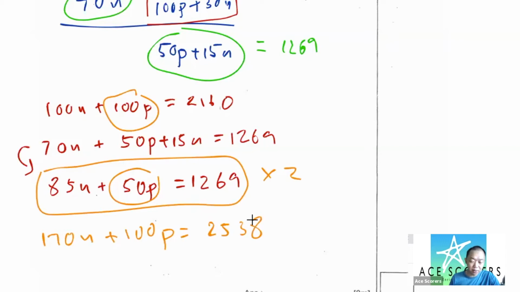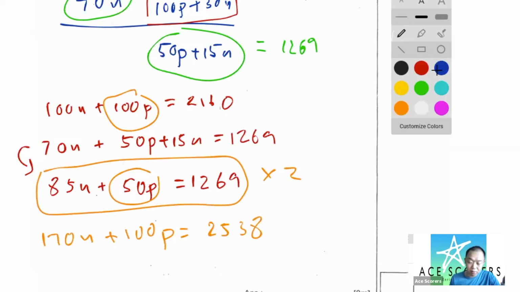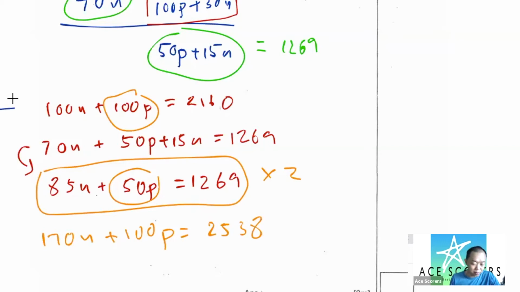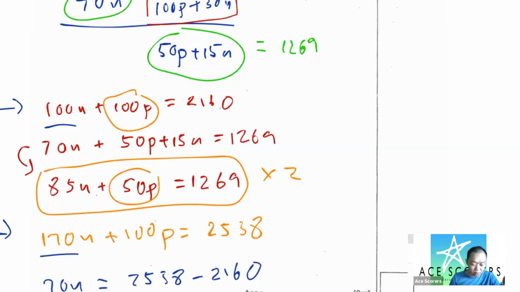And then after that, we compare this with this. Now what's the difference? The difference is 70 units: 170 and 100 units. So the 70 unit difference is equal to 2,538 minus 2,160, so 70 units equals 378.